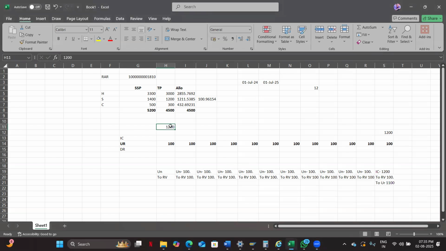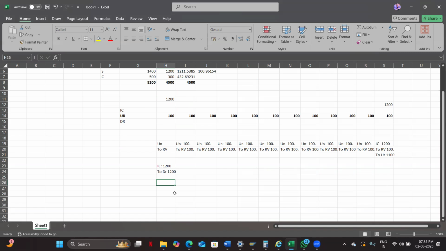DR means this is another type of scenario: the customer paid upfront, when the contract starts, the full amount is paid. So all the amount goes in another entry, IC to DR account, 1200. But again it needs to be recognized in that particular period, this month.